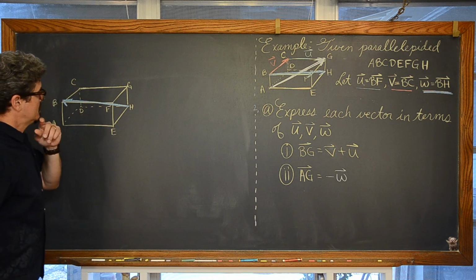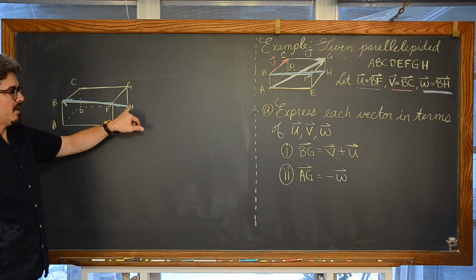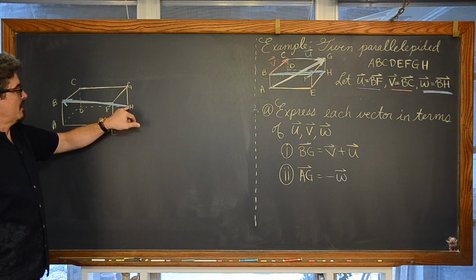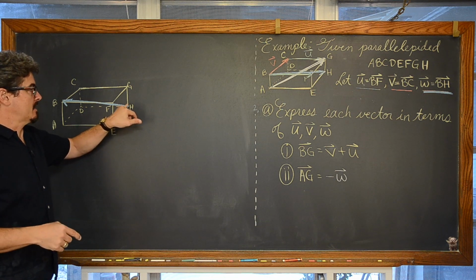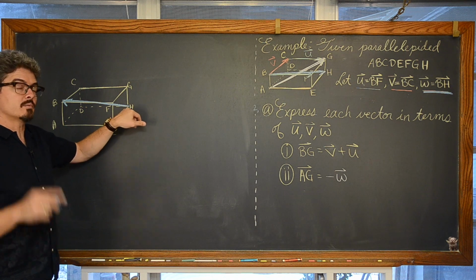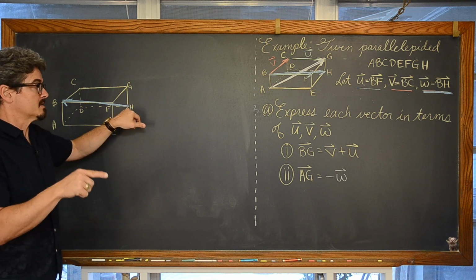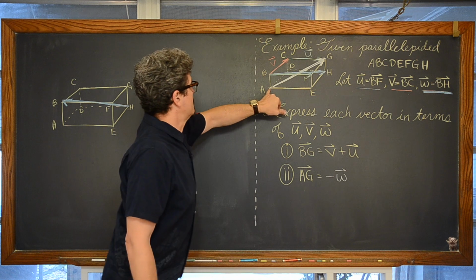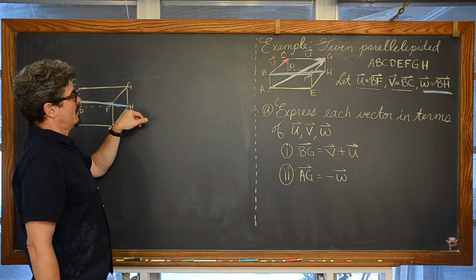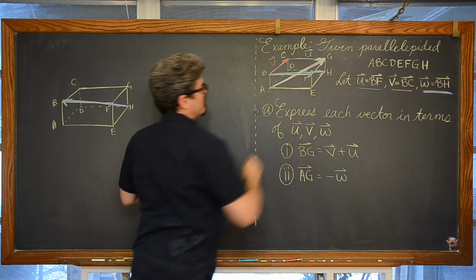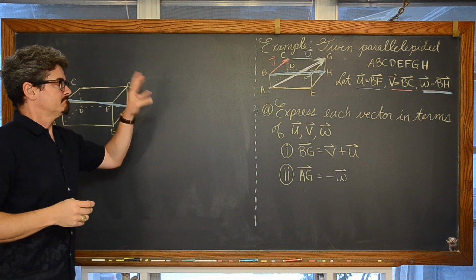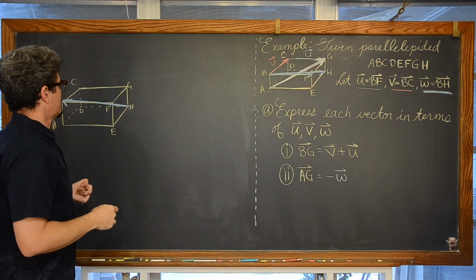Okay. Well, that's all fine and dandy, but I need to do a triangular method for adding vectors, and in the end, connect the first initial point with the final terminal point. And so this A is like my H right now. I need to go right, back, and up, basically one corresponding length of that parallelepiped.